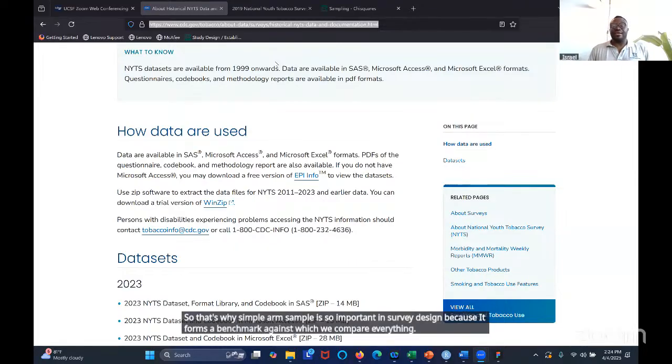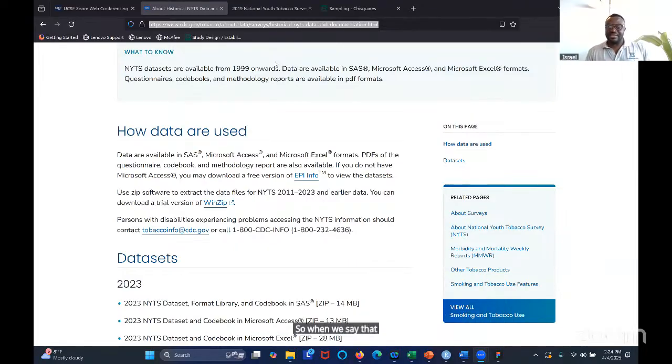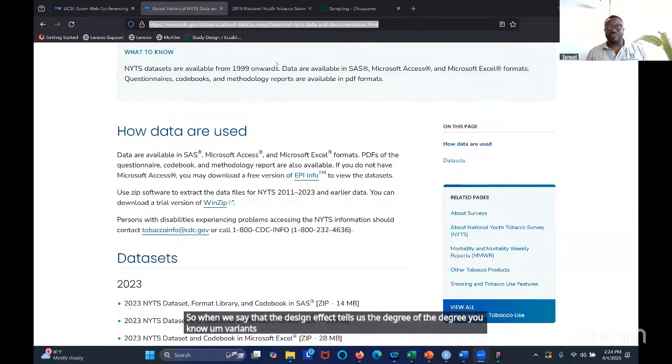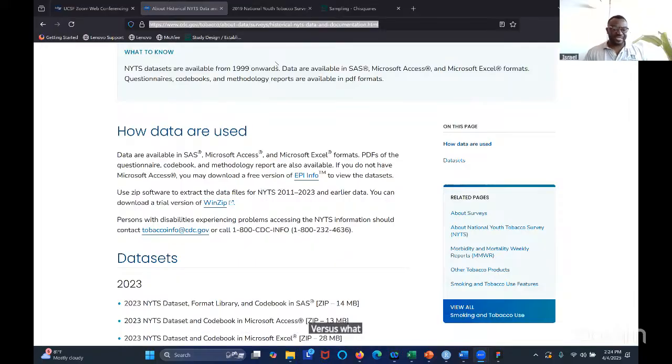So when we say that the design effect tells us the degree of variance we'll have, we're comparing a cluster sample versus what we would have seen had we used a simple random sample. I think that's the clarification we need to make clear.